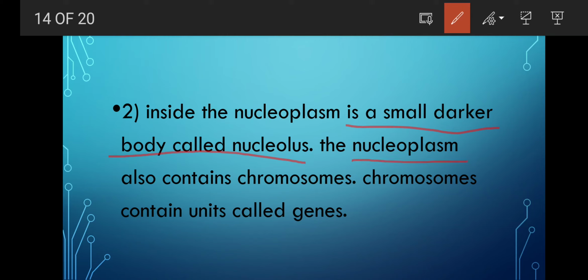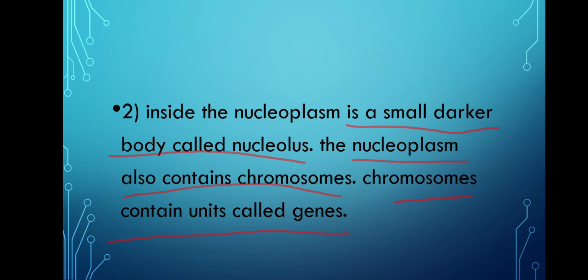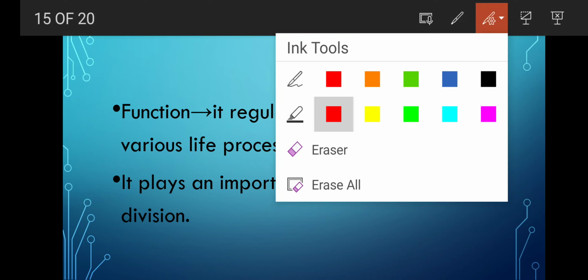The nucleoplasm also contains chromosomes, and chromosomes contain units called what? Genes. This is enough. You know the importance of genes. Genes are responsible for transmitting the characters from parents to the offsprings.